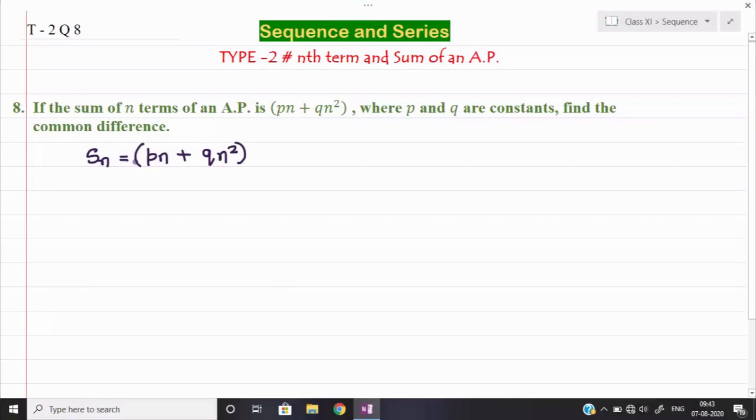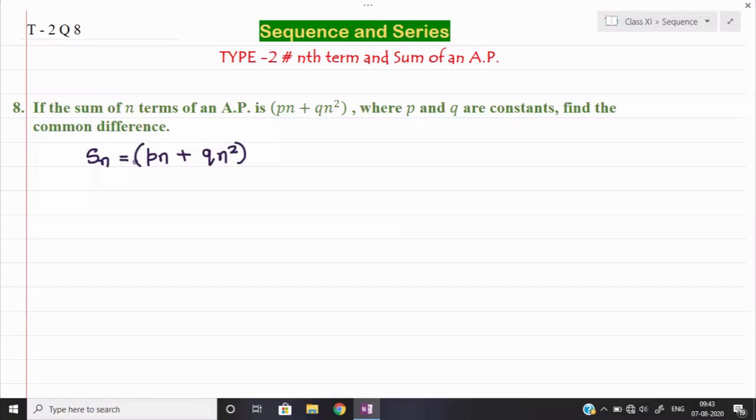See, in the previous question we were given the value of Ak, so I kept k equal to 1, 2, 3, and I got the value of A1, A2, A3 and so on. Similarly here if I put n equal to 1, 2, 3, then remember we do not get the value of A1, A2, A3, we will get the value of S1, S2, S3 and so on. Initially I will get the sum of one term.